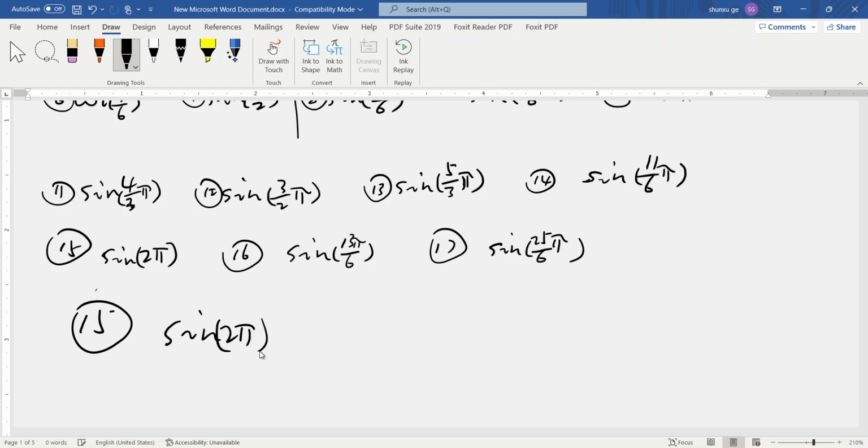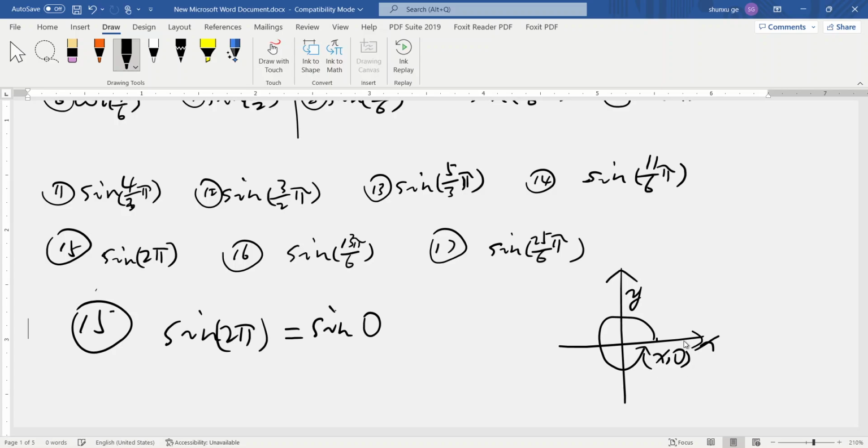Sin 2 pi equal here. Okay, 2 pi is here, just equal to 0. So 2 pi is here, it is x comma 0, this point.